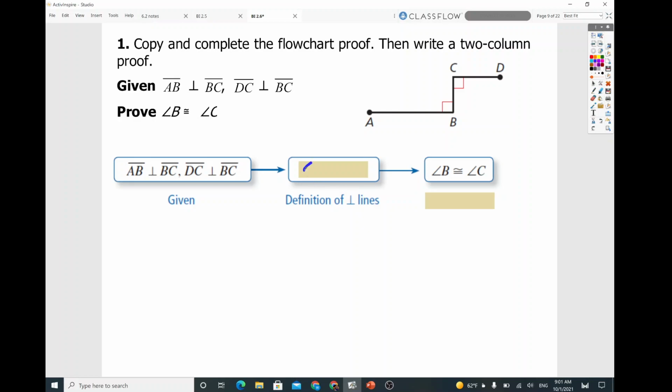So you can say that angle B equals 90 degrees, same as angle C, which forms 90 degrees from perpendicularity. And then angle B is congruent to angle C. This one is by the definition of right angle.